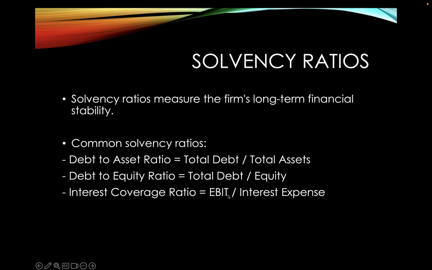In your profit and loss statement, remember, you have your gross sales, less cost of sales, you get your gross margin. Then you deduct your expenses. We have general and administrative expenses, sales and marketing expenses. From there, you get your operating income.